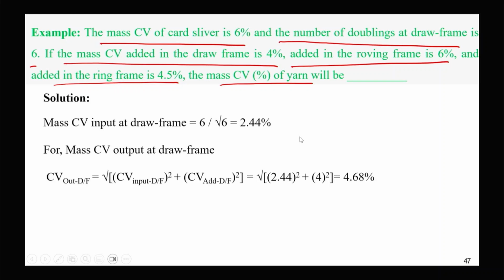Then the mass CV of output of the draw frame, this is the draw frame sliver, will be the square root of 2.44 squared plus 4 squared, which becomes 4.68.